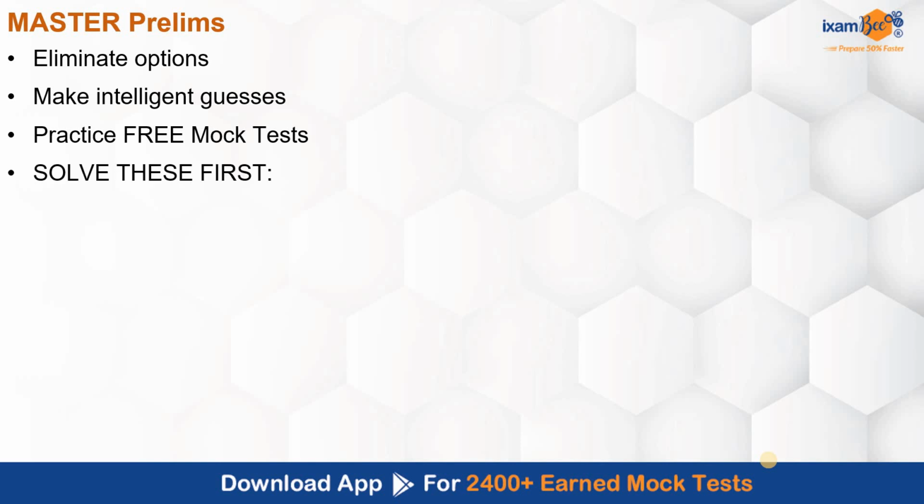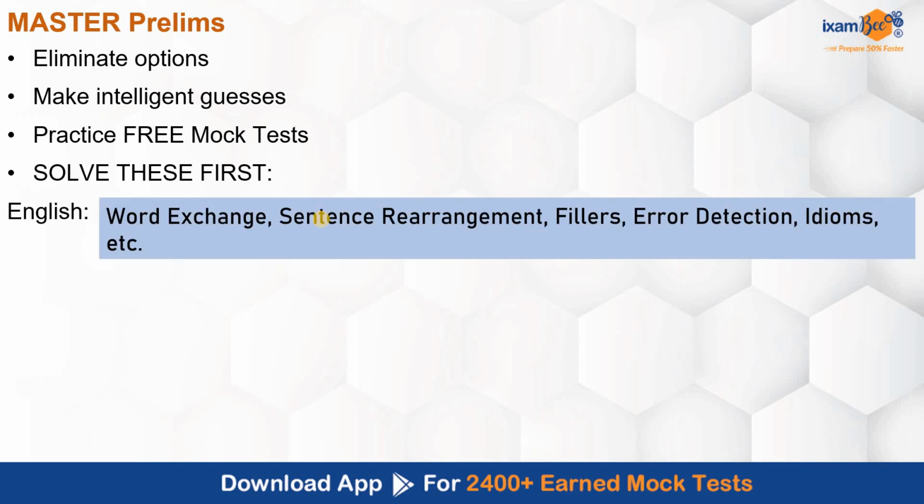Now solve these first. Remember, solve word exchange, sentence rearrangement, fillers, error detection, idioms, etc., right? In word exchange, sentence rearrangement, and also in match the columns, remember these patterns, you can reach the answer from the options only, right?